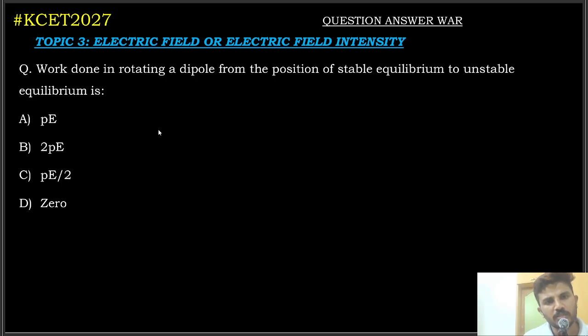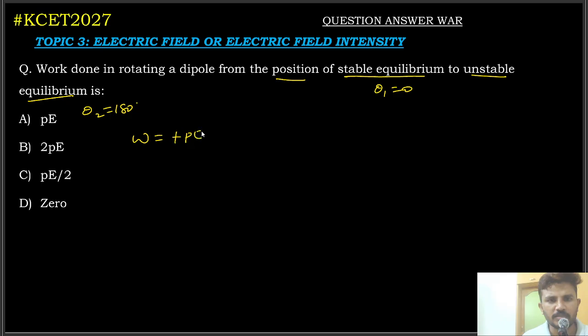So work done in rotating the dipole from position of stable equilibrium, that is theta 1 is equal to 0, to unstable equilibrium, that is theta 2 is equal to 180 degrees, is given by: work done is equal to PE into cos theta 1 minus cos theta 2.